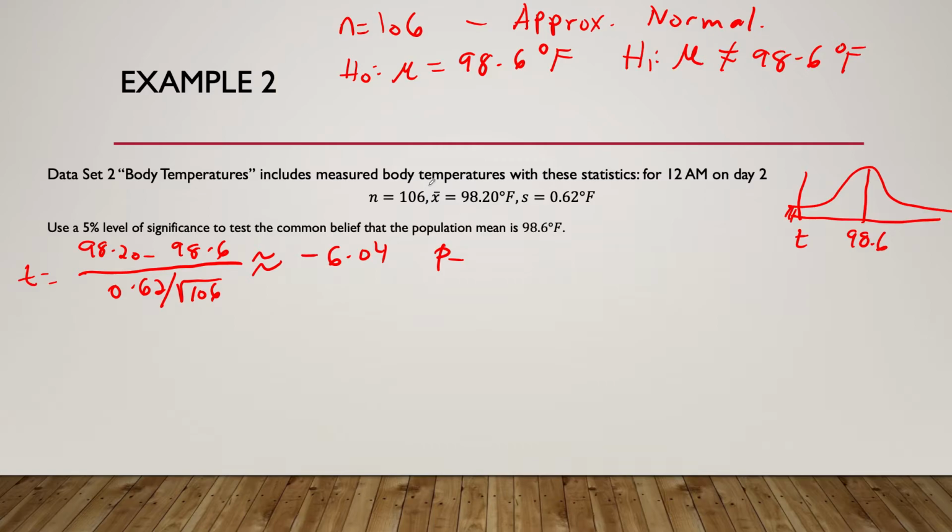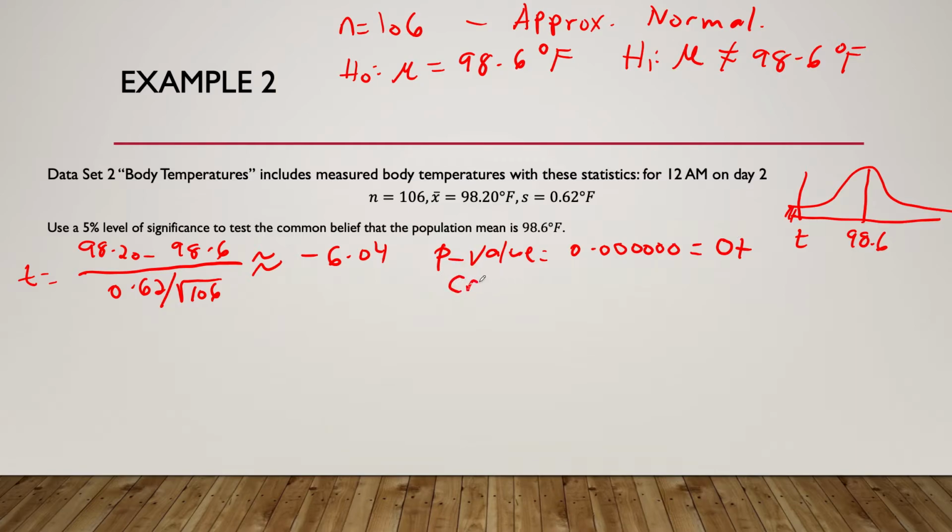If we toss this into SAS, we get a p-value of 0.000000, which is essentially 0 plus, right? Due to the fact that it's very close to 0, but not entirely impossible.